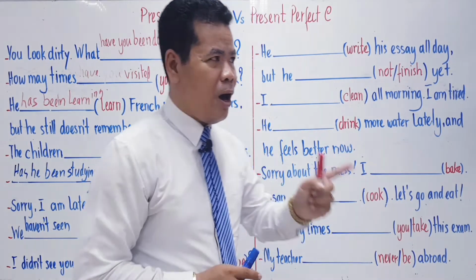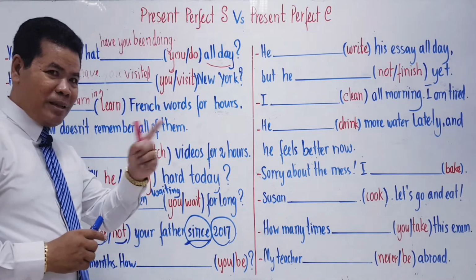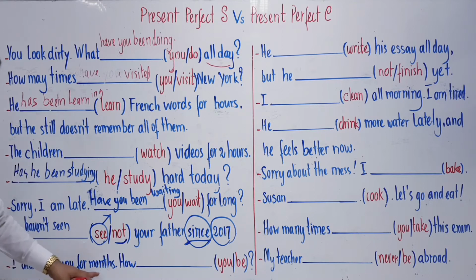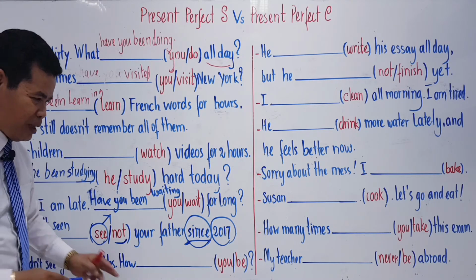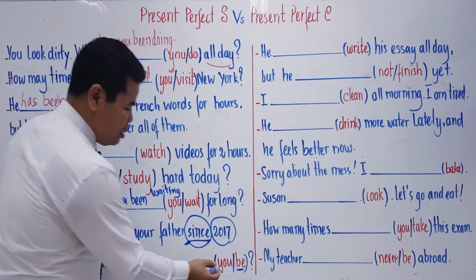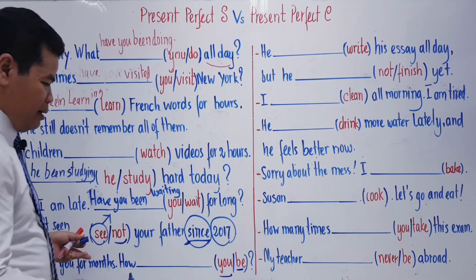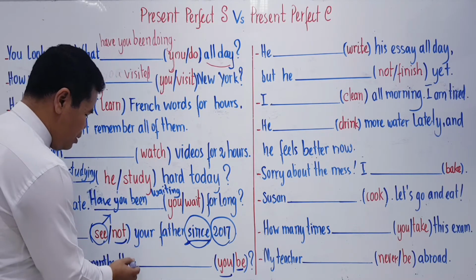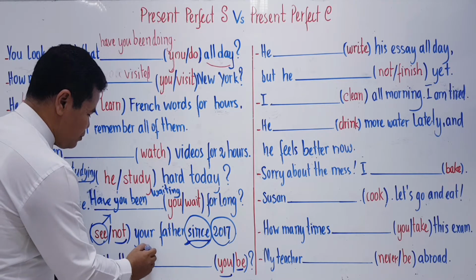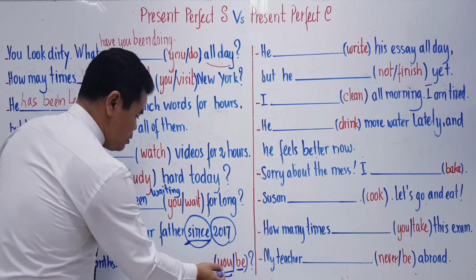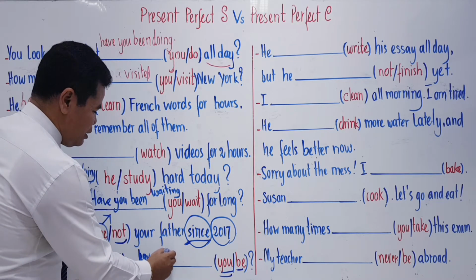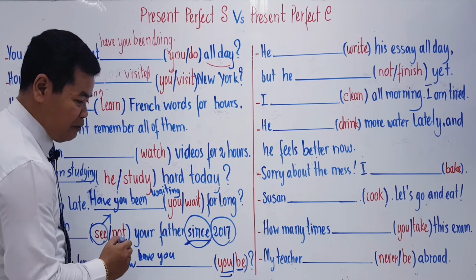How long have you been doing something? Is that it? No, we say, I didn't see you for months. So how what? Be is the verb, you is the subject. So how have you, and then the past participle, present perfect.